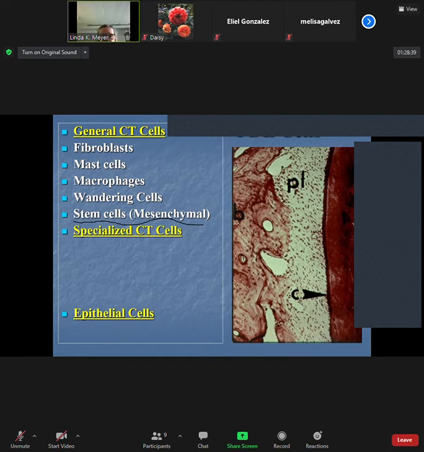Okay, they're found in certain areas, and the PDL is one of them. Also, your pulp tissue, which we'll be studying later. And then we're going to see that not only do we have these general connective tissue cells, we're also going to see that there are specialized connective tissue cells.